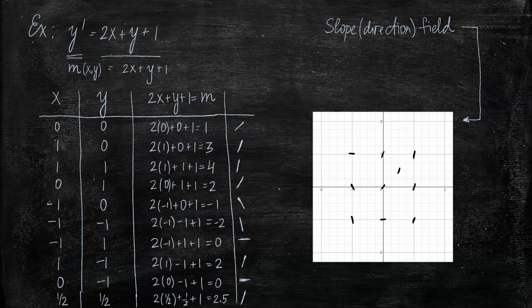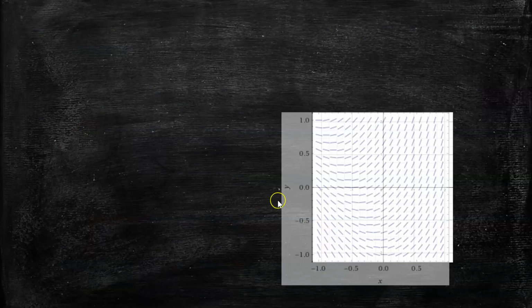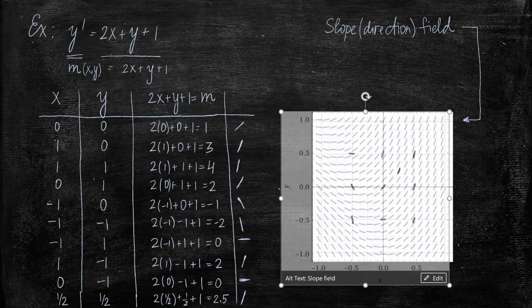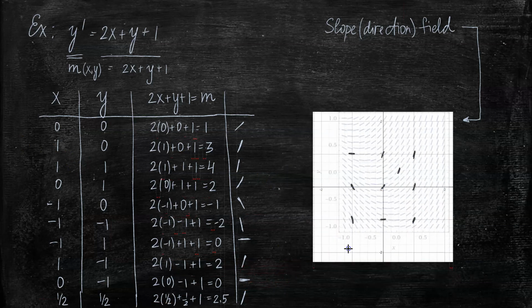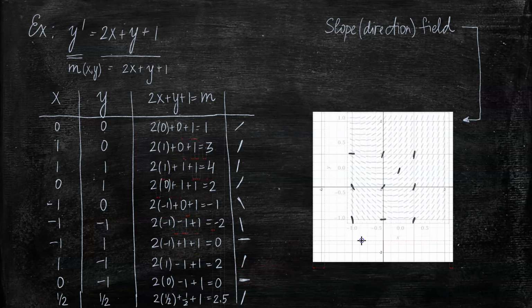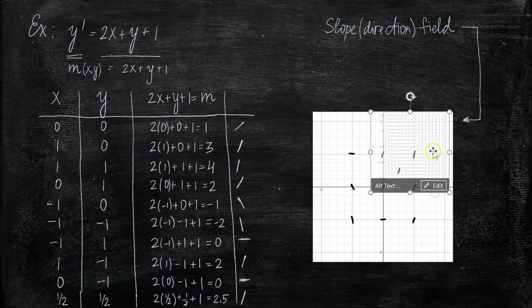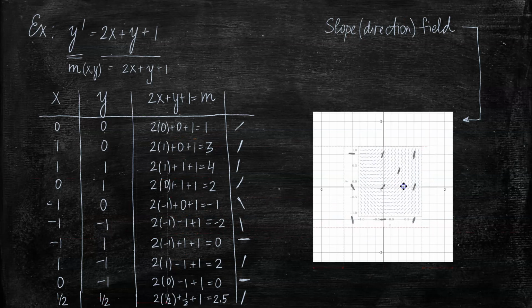Now, if we take the actual slope field and superimpose it onto the diagram, we have to be careful, right? Because we have 0, 0. The scale is a little off here. 0, -1.